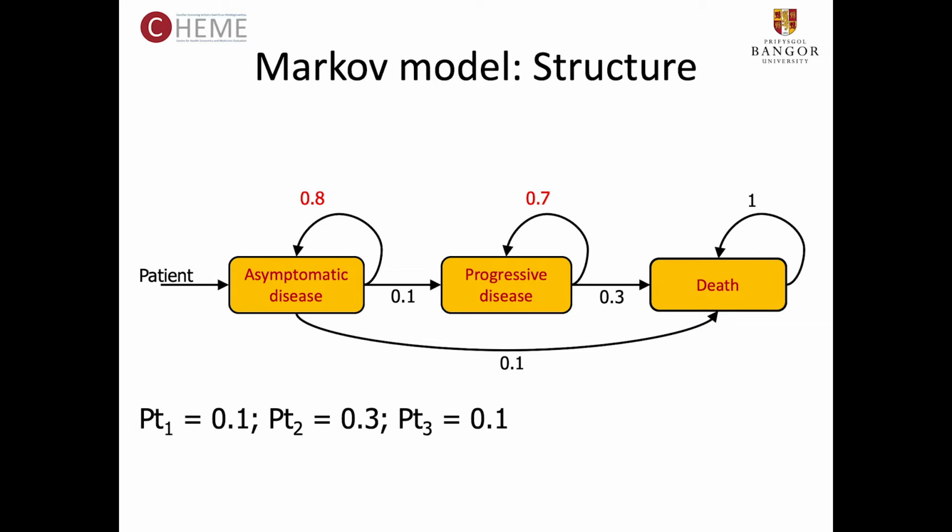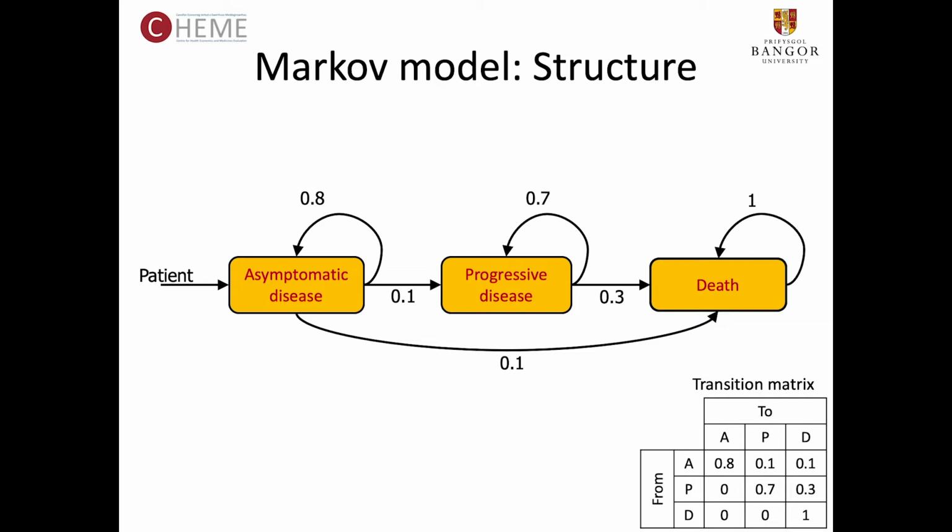And we can present that as a transition probability matrix. It's just a convenient way of presenting transitions. So your starting point is on the left-hand side. You could be in either the asymptomatic, progressed, or death state. And then there's a probability of you moving then to the column headings, which are your ending up state. Again, the asymptomatic, progressive, or death.